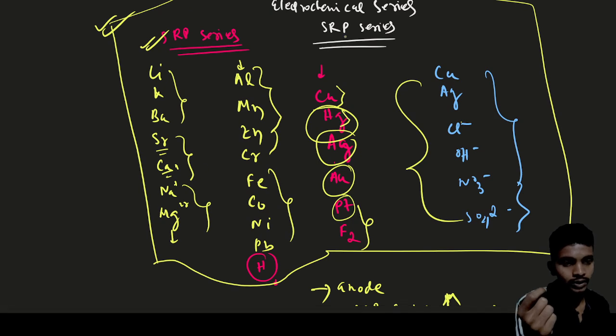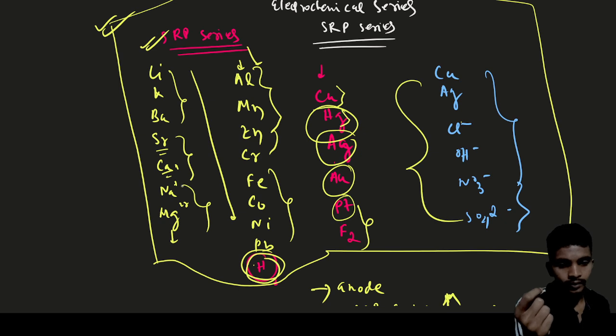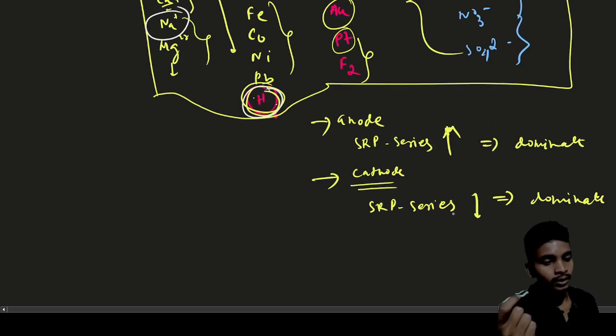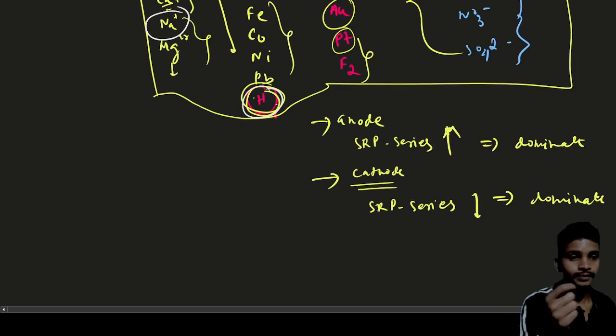So H is downward, Na is above. So H will dominate, because in the cathode SRP series the downward one will dominate.